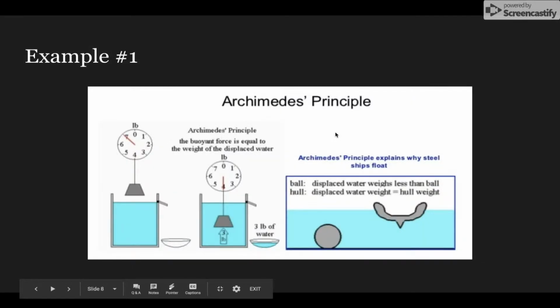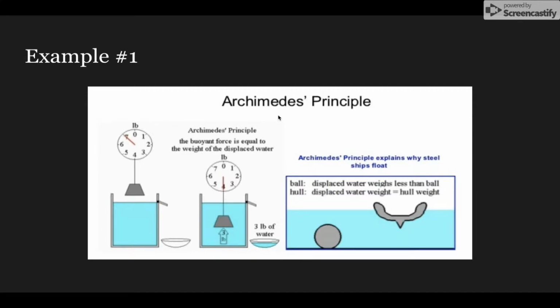Here's a diagram I found that simplifies Archimedes' principle. This first example shows that if the weight of the water displaced is less than the weight of the object, it will sink. Otherwise, the object will float, and the weight of the water displaced is equal to the weight of the object. In this example, we have a steel trapezoidal-looking object that has a mass of 7 pounds.